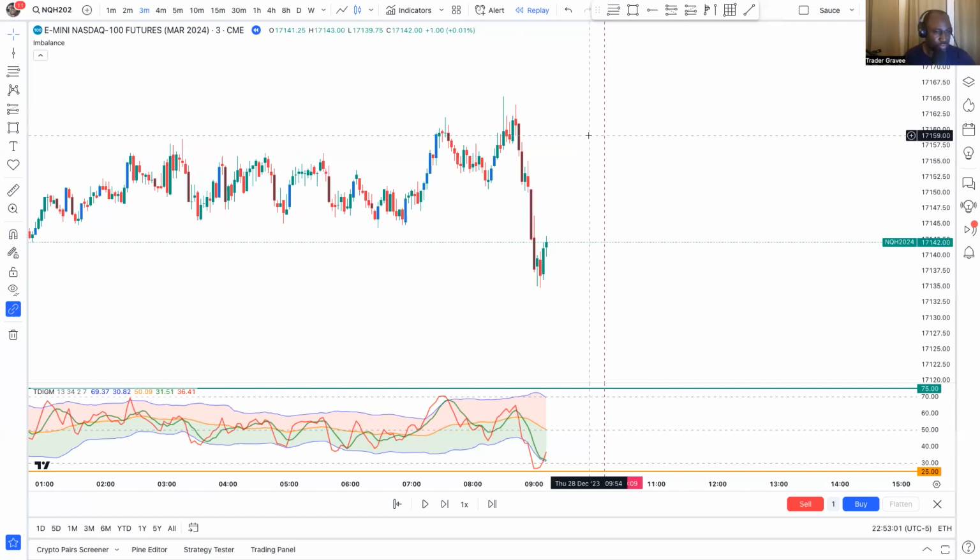So with that, I don't want this video to be too long, so let me proceed. I know y'all might be looking at all these different colors of the candles because I have this imbalance indicator on. Granted, we know what an imbalance is, right? So really my down candles are red, up candles are green. We know that in between here and here is an imbalance, right?